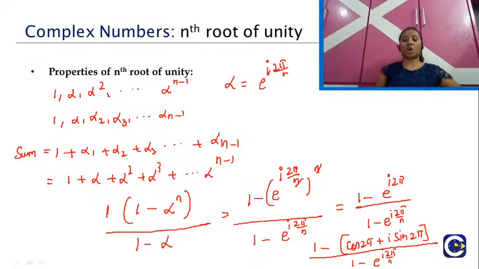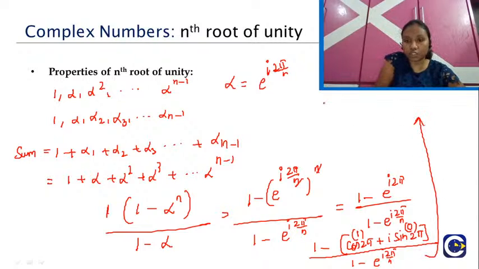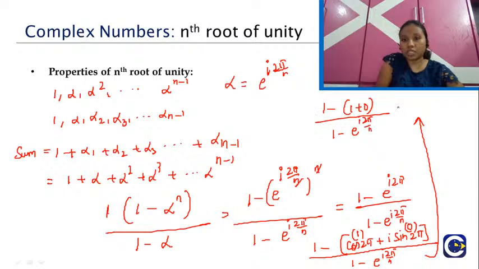Cos 2 pi plus i sin 2 pi. What is the value of cos 2 pi? Cos 2 pi value is 1. And what about sin 2 pi value? Sin 2 pi value is 0. Which means this entire term is going to be converted into 1 minus 1 plus 0. And in the denominator I am having the same term, e power i 2 pi by n. So here in the numerator I will be having 1 minus 1.